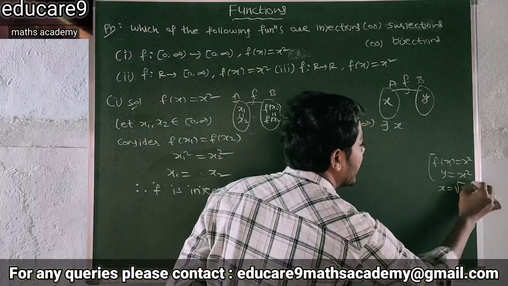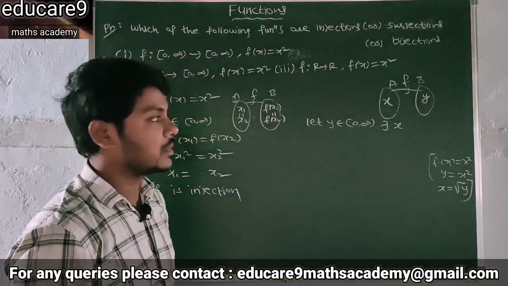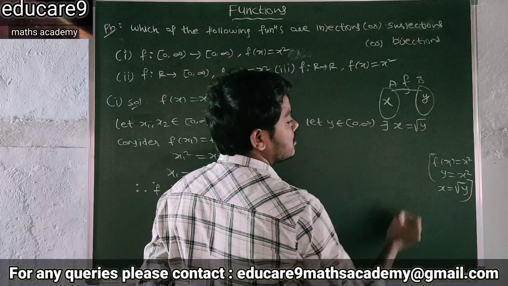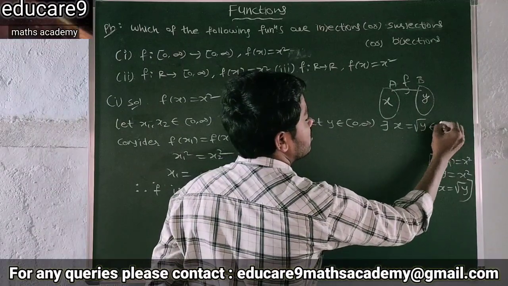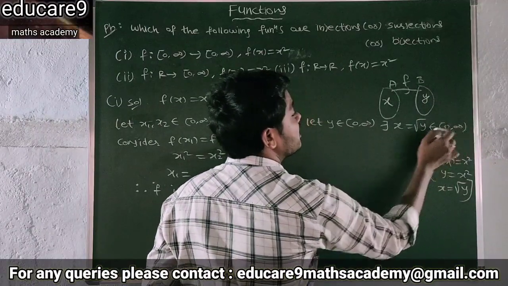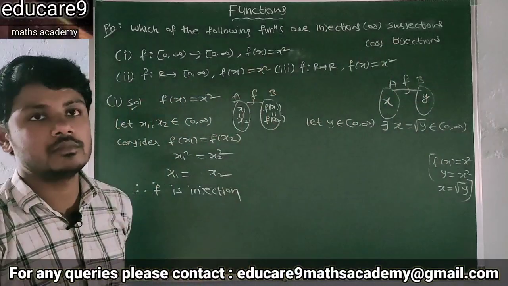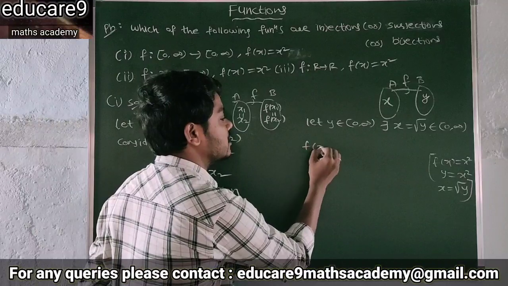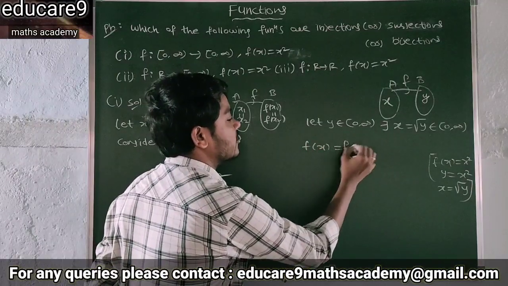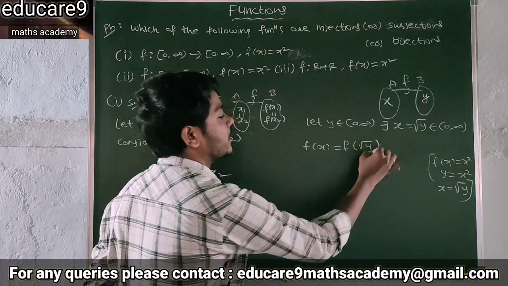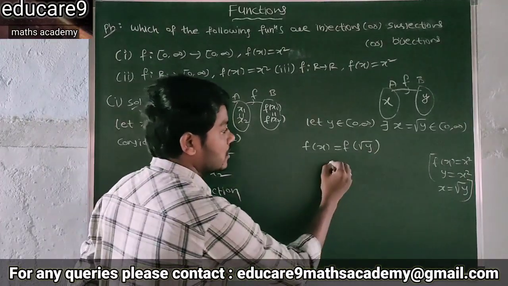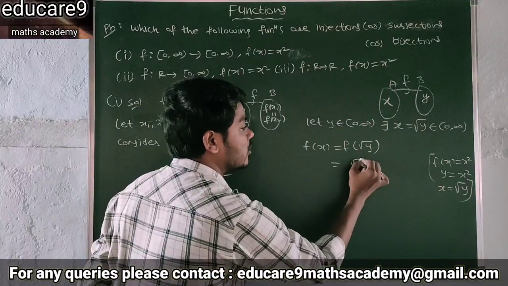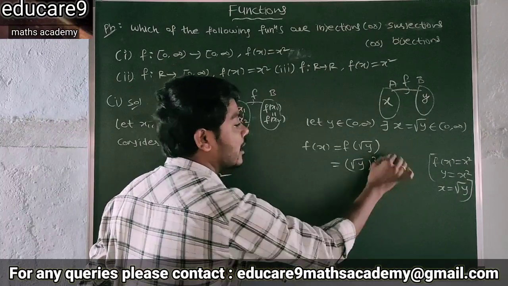Root y. It belongs to the closed interval 0 to infinity. This is also positive. So consider f(root y). So replace x by root y. You get (root y) whole square.